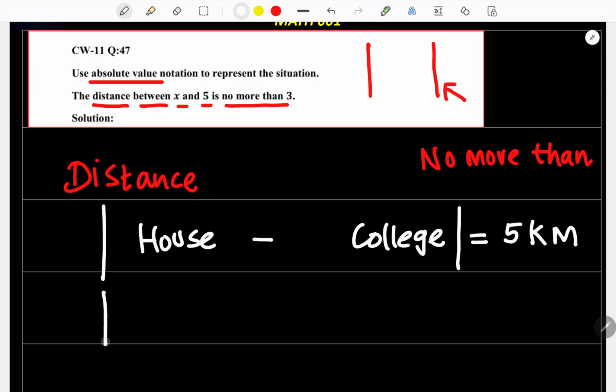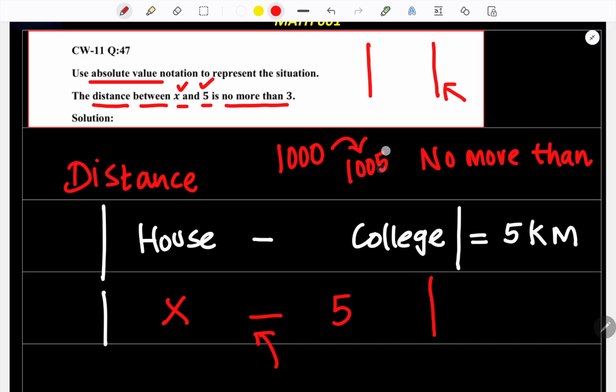Now what is given? The distance between x and 5. Why do I use minus? Because to calculate distance, you need to subtract. Suppose you start your car from your home, which is at 1000 kilometers, and when you reach the college, it is 1005 kilometers. What do you do to calculate the distance?